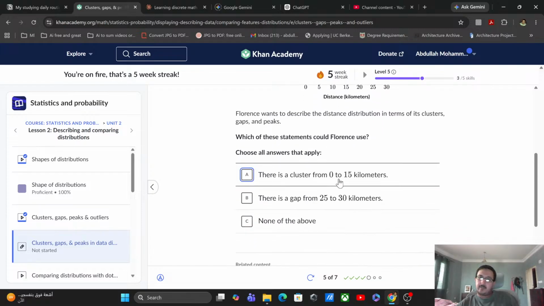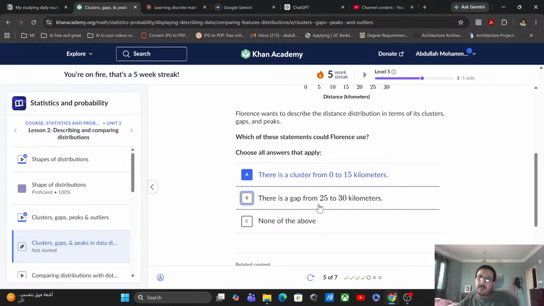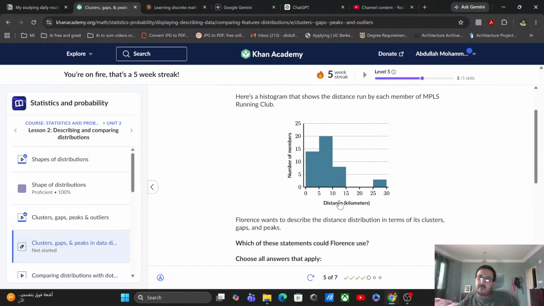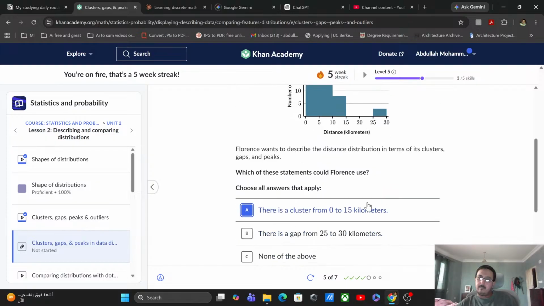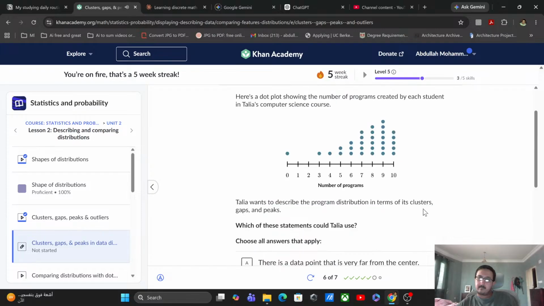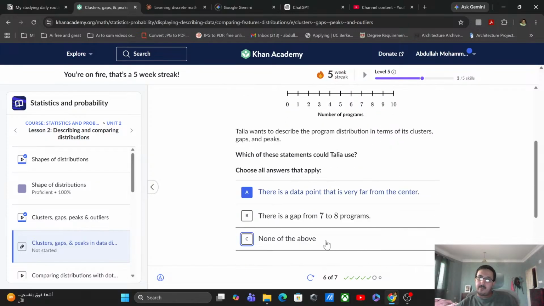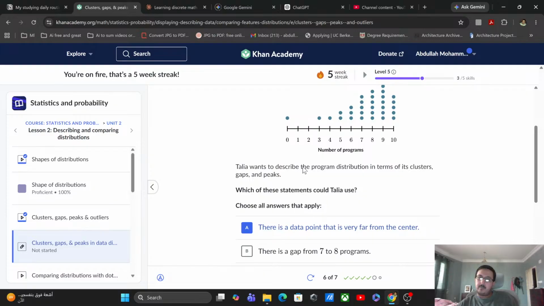There is a cluster from 0 to 15. Yep. There's a gap from 25 to 30. Yep. There's a data point that is very far from center. Yes. There's a gap between 7 to 8.